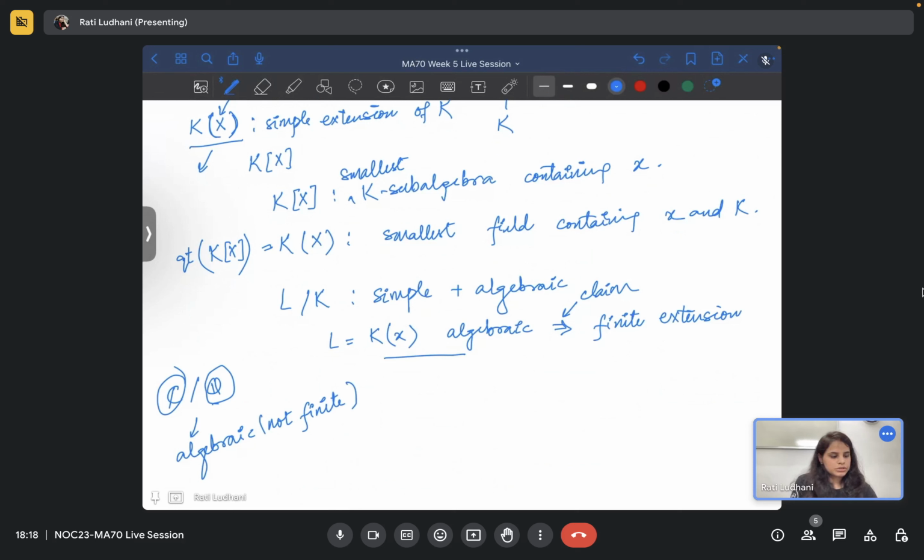The point is, if this is simple, then it becomes a finite extension also. If we consider x, then some power of x would be in K, right? So the vector space dimensions have to be finite. How exactly will you say that?